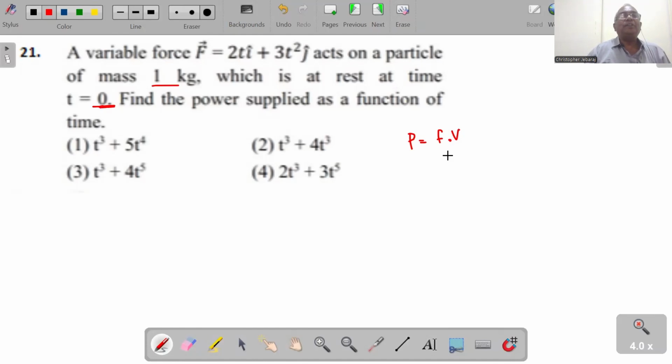So what is the value of acceleration? Force by mass. Mass is nothing but 1, so everything remains the same: 2t i cap plus 3t squared j cap. Now what is the relation between acceleration and velocity? Acceleration equals dv by dt.